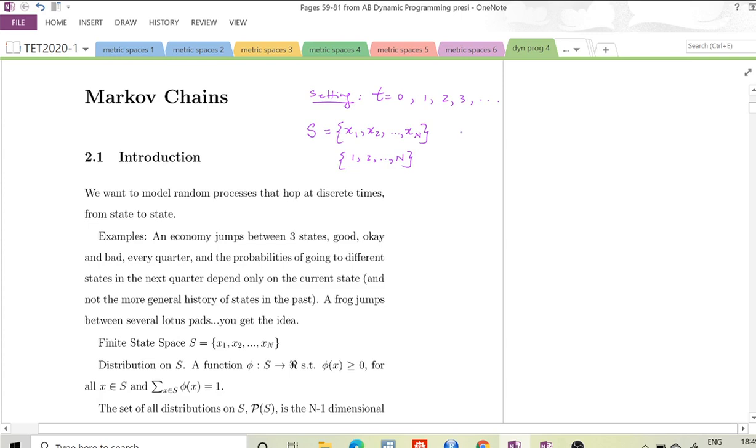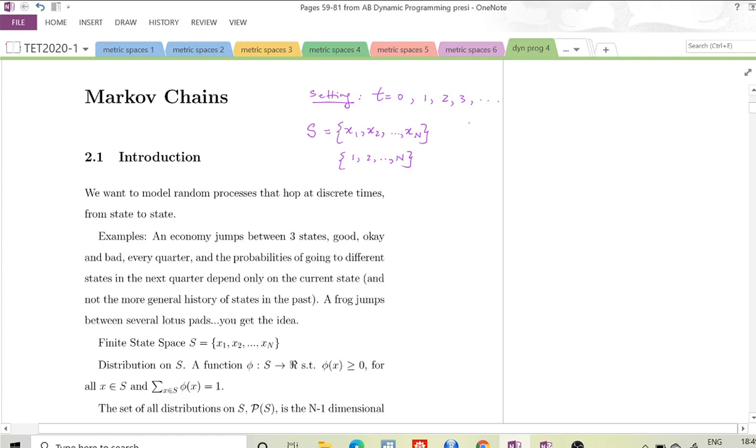And the key assumption is that the state this period depends only on what it was yesterday, okay?